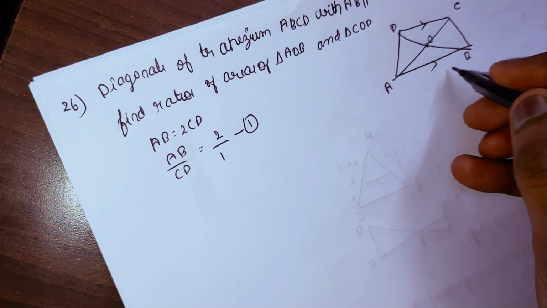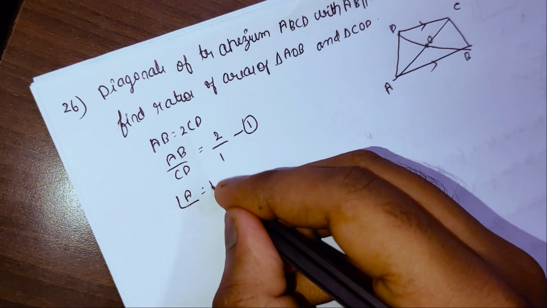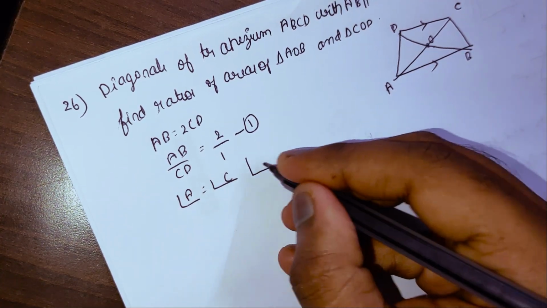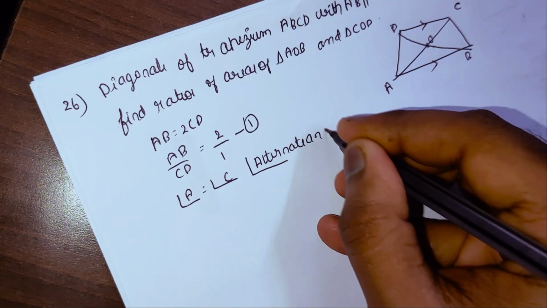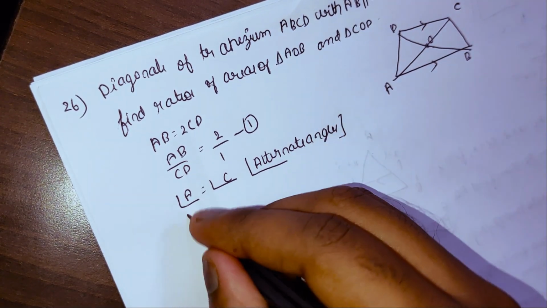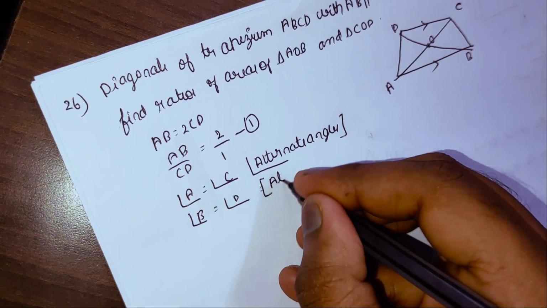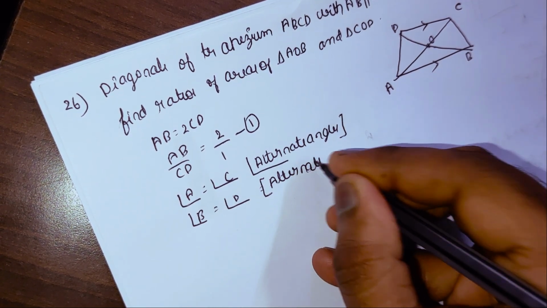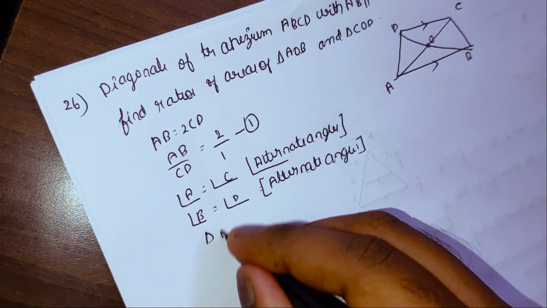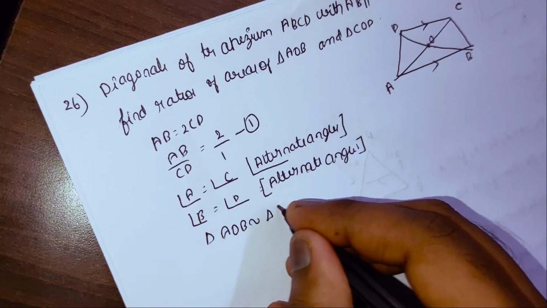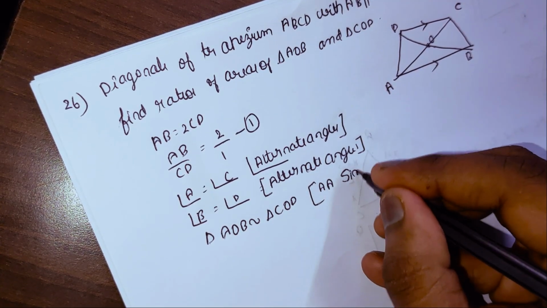In triangle AOB and triangle COD, angle A is equal to angle C because they are alternate angles. Angle B is equal to angle D because they are also alternate angles. So triangle AOB is similar to triangle COD by the angle similarity criterion.